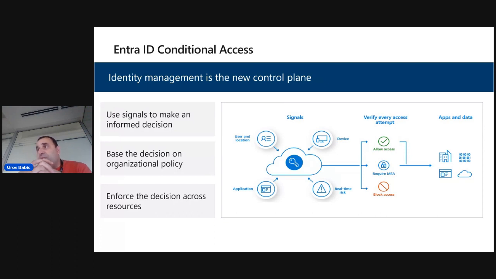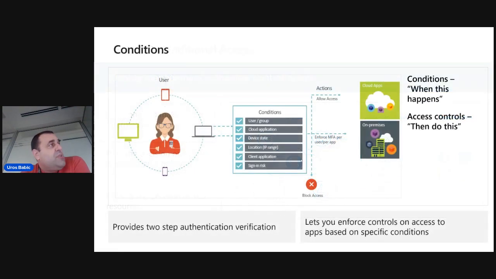It is possible to consider a massive amount of data, and you can define based on your users and location, application, risk, time, options and device, and I can verify every access attempt with the zero trust model and allow or test accessing my resources, require MFA or block access.